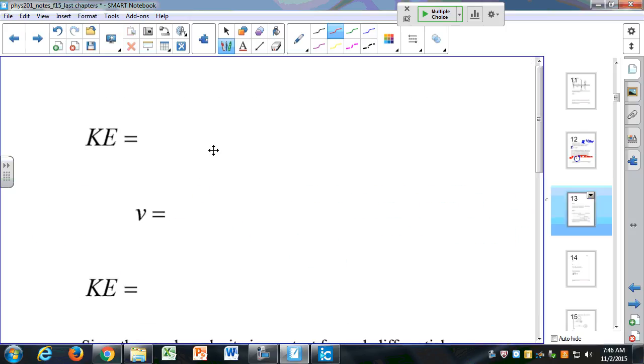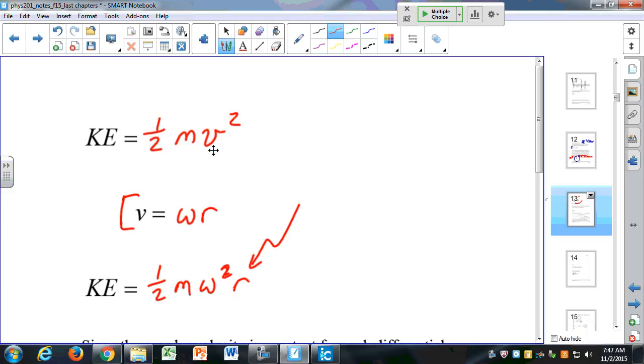So our kinetic energy is 1/2 mv squared. I know that v is equal to omega times r. That's just how we relate our linear velocity to our angular velocity. So I can plug that in here and I get the kinetic energy is 1/2 m omega squared r squared. So this would be the kinetic energy of my differential element.